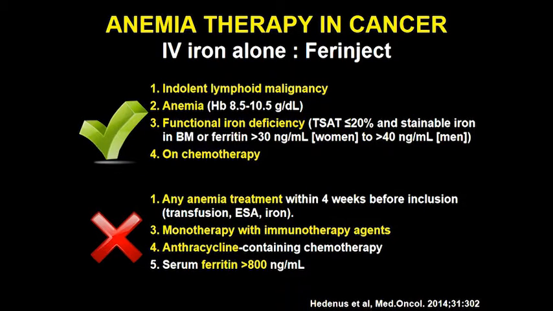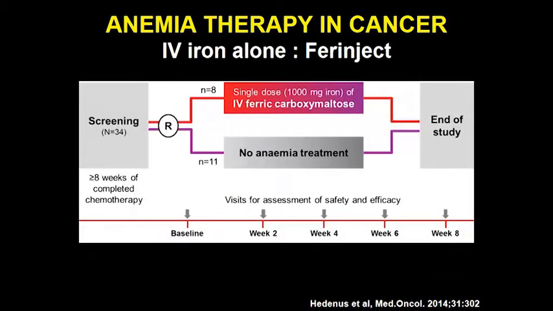They have not had any other anemia treatment, and their serum ferritin level should not have gone up too much. It's been randomized, but as you can see, only 10 patients in each arm. That's not a lot. Either no treatment for anemia or a single dose of ferinject, IV ferric carboxymaltose.